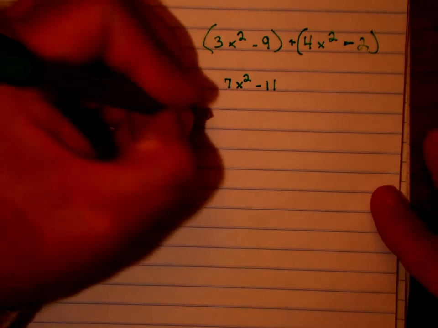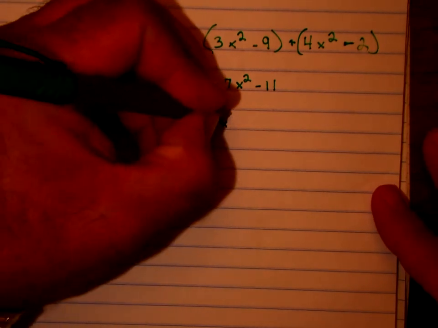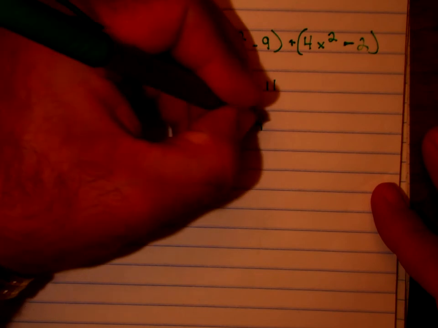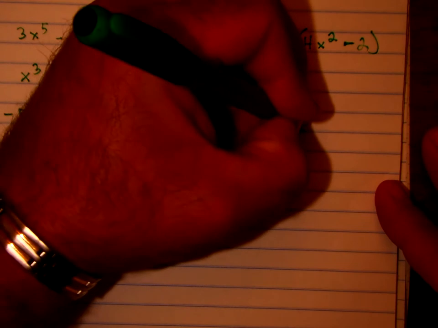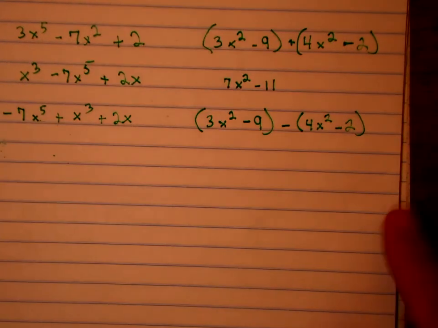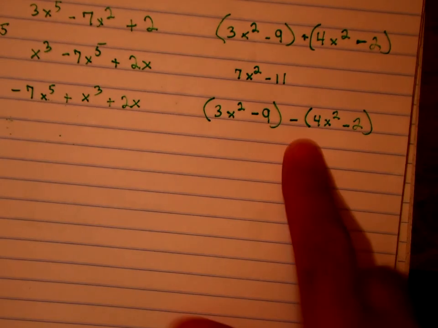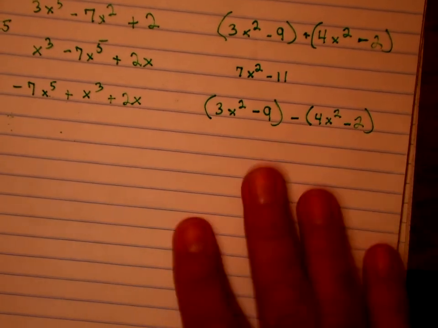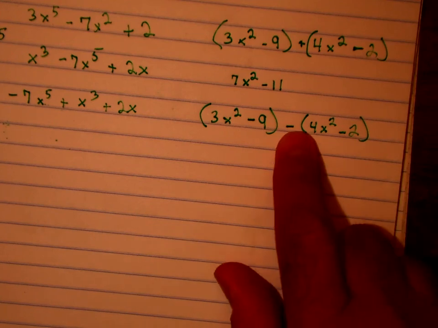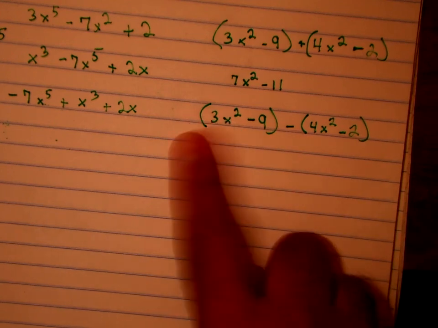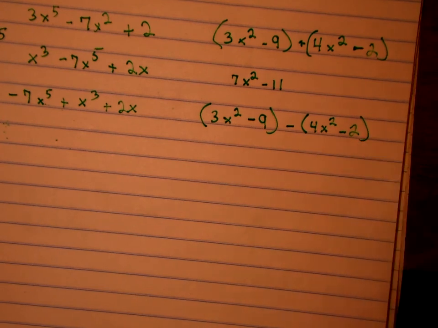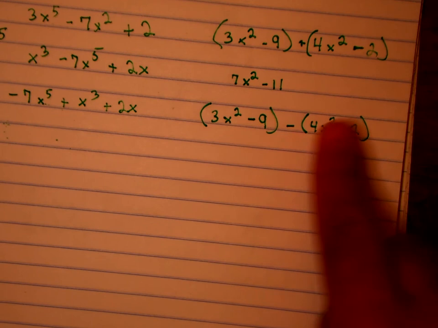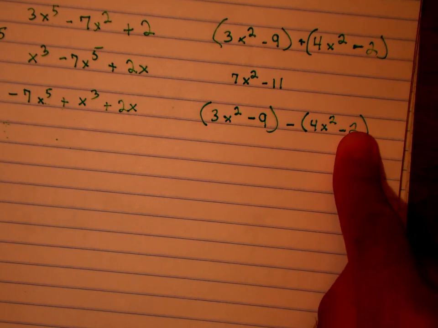Now this one's going to be a little bit different. I'll use the same numbers, but this time, instead of adding these two, I'm going to subtract them. Now, in the software, this has a tendency of being a little hard because the mouse is tricky and the shadowing is tricky. But the idea is making sure that this means this polynomial minus this one, which means all of these signs have to change.